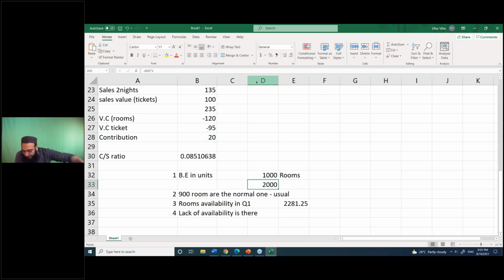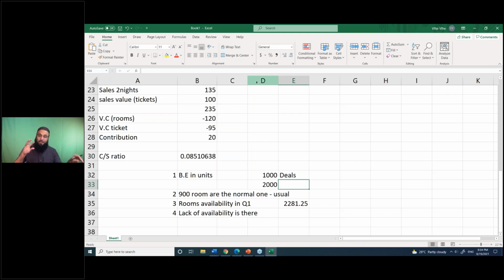Now this 1,000 is basically the break even. Okay, the break even. We need 1,000 deals. Deals, I'm talking about deals, okay? We need to sell 1,000 deals, right? I can write here 1,000 deals to make it more clear. And in every deal, there is a requirement to stay for 2 nights, which means 2,000 room nights are needed.